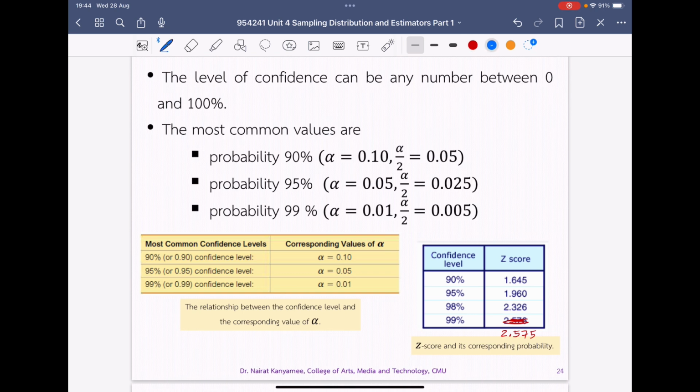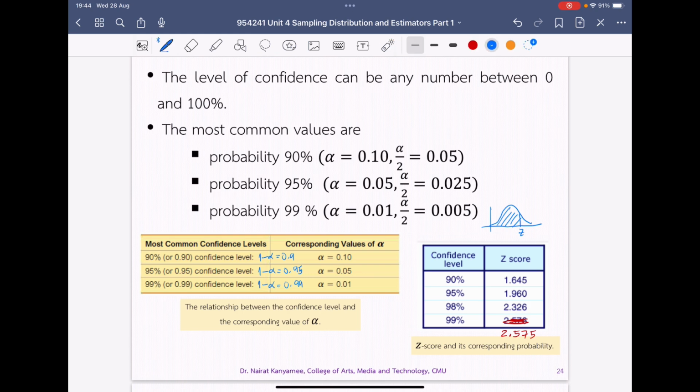So I hope you understand this. For 90%, alpha is 0.1. 1 minus alpha is 0.9, 1 minus alpha is 0.95, 1 minus alpha is 0.99, so alpha is 0.01 for the 99%. The z-score, as I said, you need to look in the table. Look for the z value here. You need to add the area from the leftmost, the left tail, and then the middle piece.